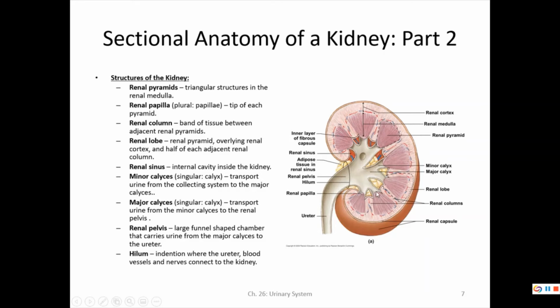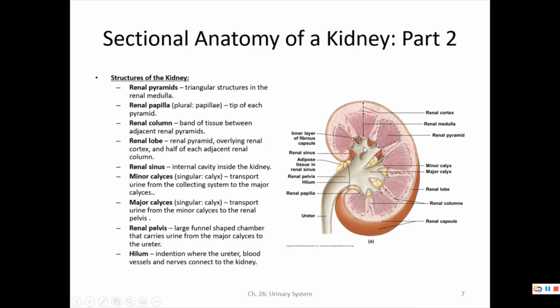The minor calyces come from every one of the renal papilla. When two or more minor calyces unite together, they produce a major calyx. Here we have two, here we have two, here we have three uniting together to make a major calyx.